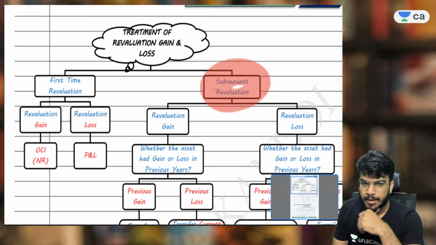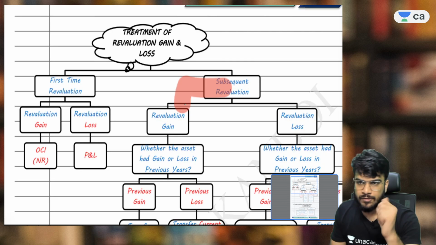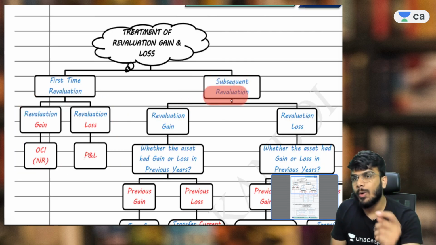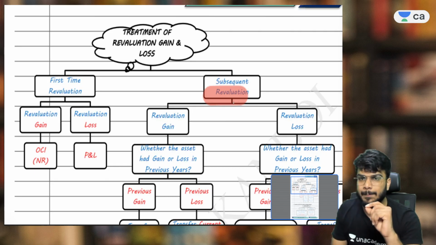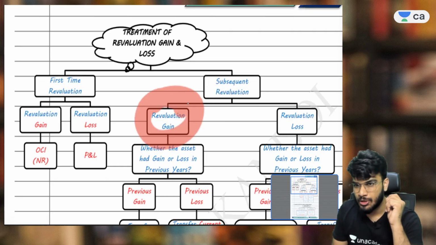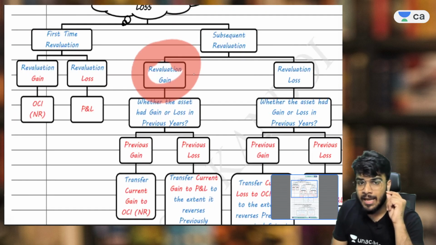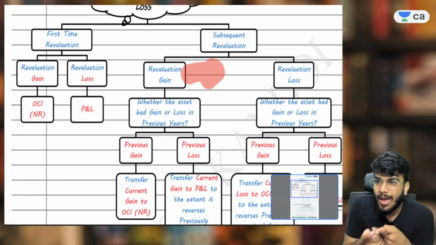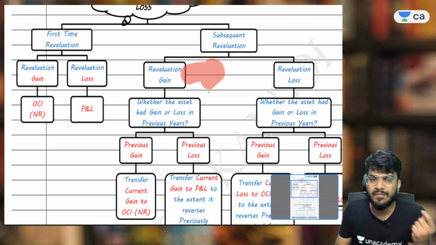What about subsequent revaluation? If you are revaluing the asset for the first time, then we already discussed, but if you are revaluing the asset subsequently and it results in a revaluation gain, in such case, such gain will not be directly transferred to OCI. You need to check whether you have any pending balance of previous gains or losses.